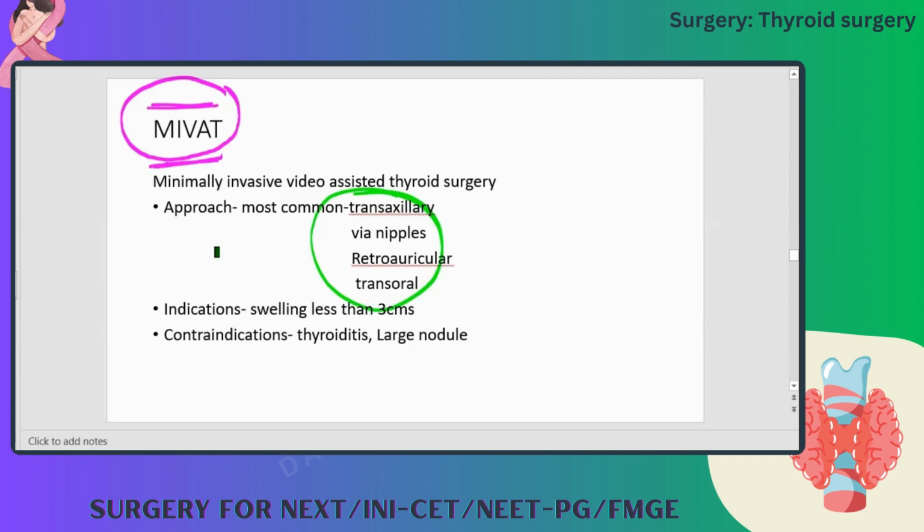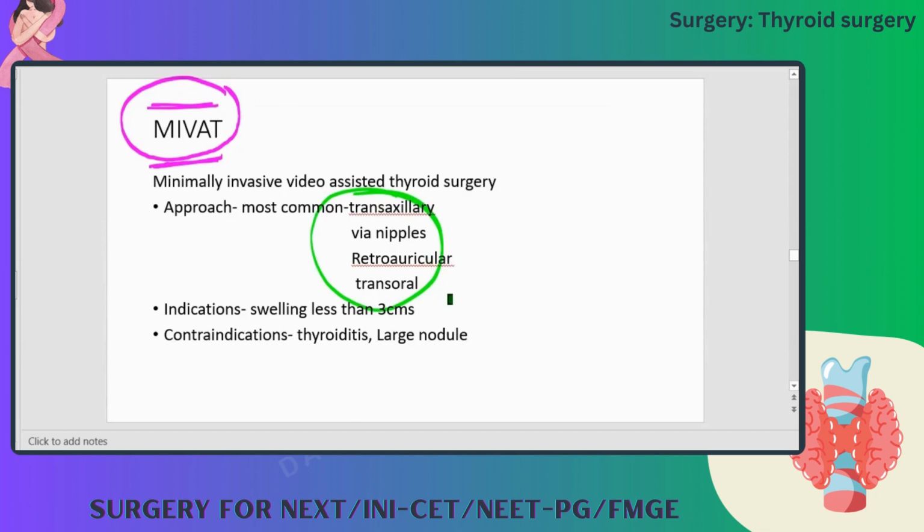Why do all this? Cosmetic, and also post-operative hospital stay? No, actually the post-operative hospital stay will increase with these, but the main thing is to avoid a skin incision.